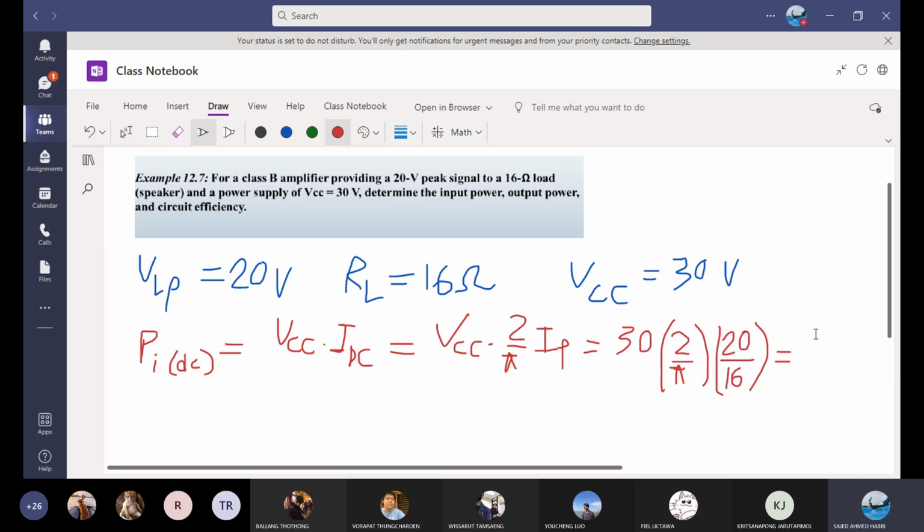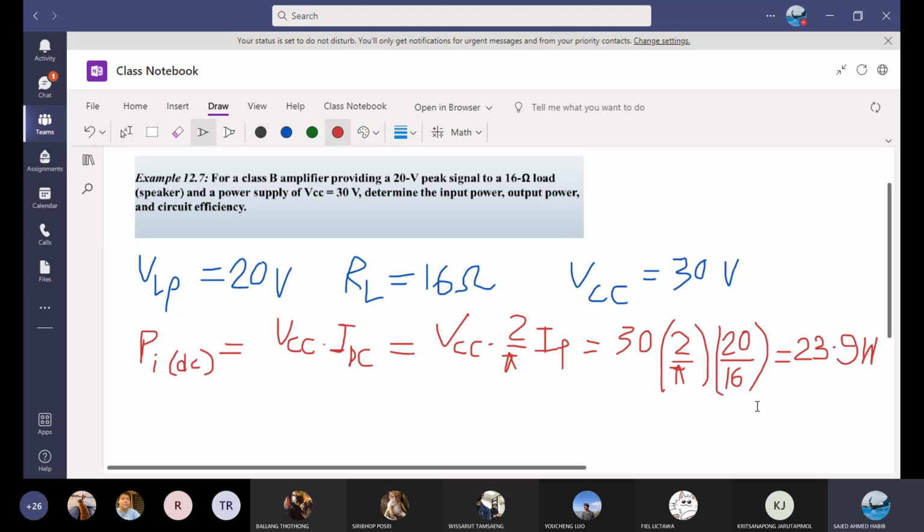It is just over 20 something watt. What is the actual value? 23.87 watts. We can write 23.9 watts. That will be okay.